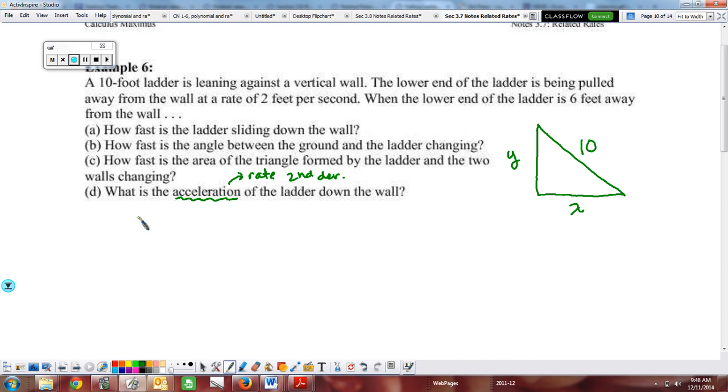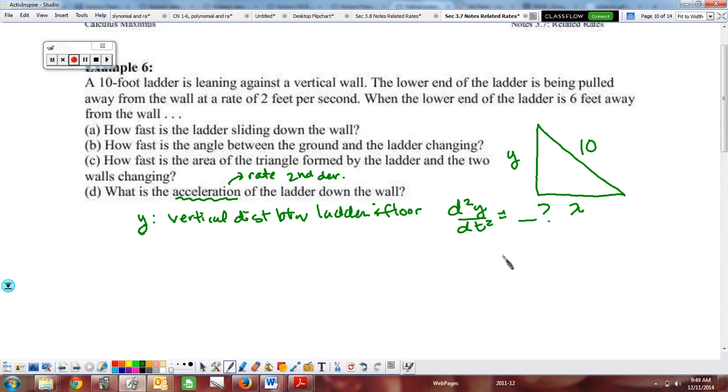So the quantity I'm still interested in is y, the height, the vertical distance between your ladder and the floor. That's my quantity, my variable. But what I'm actually looking for is the second derivative of y with respect to t. That's what we're looking for.